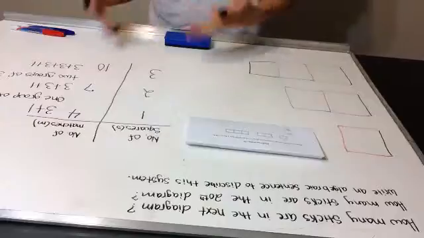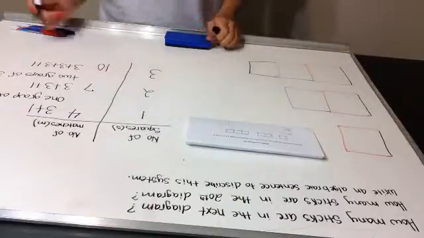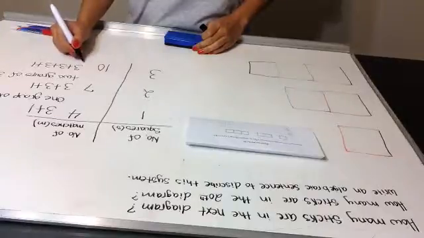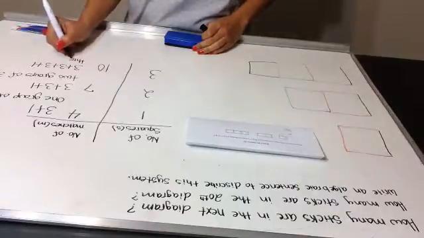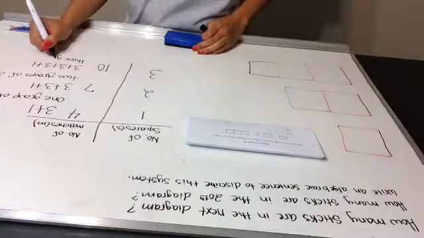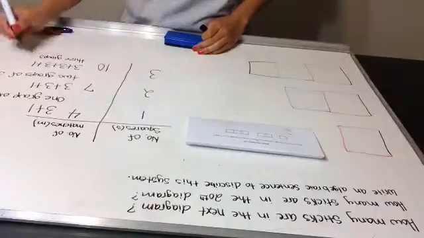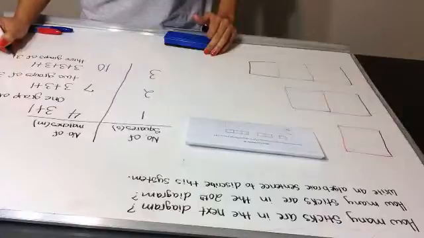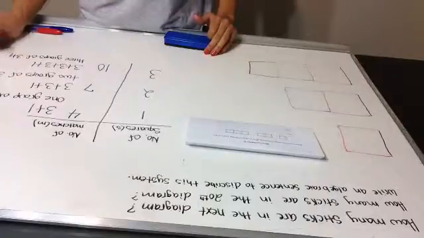Notice there's some multiplication going on right now. So here for the 3 squares, we have 3 groups of 3 plus 1.